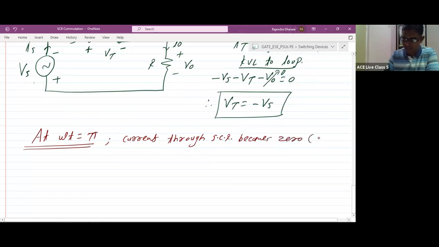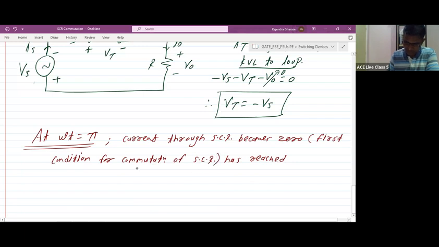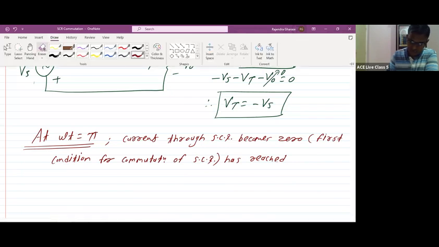So it is the first condition for commutation of the SCR. First, current becomes 0. The first condition for the commutation of the SCR has been reached, right?